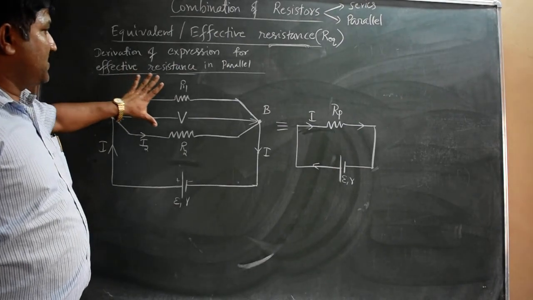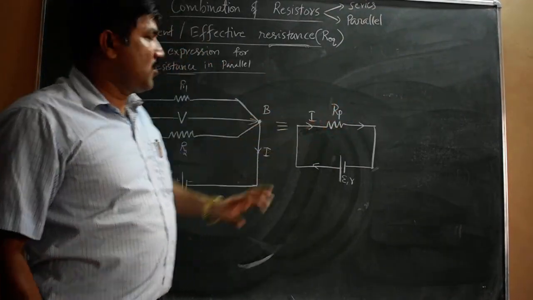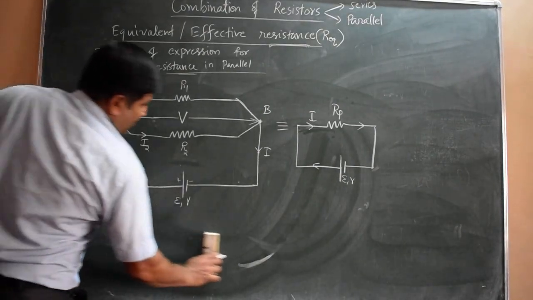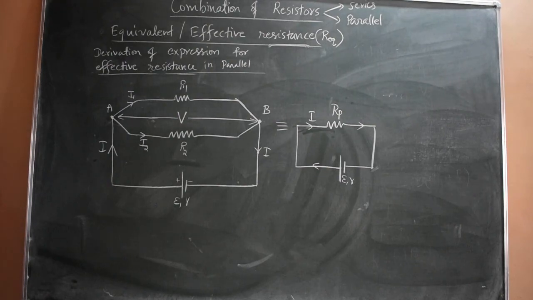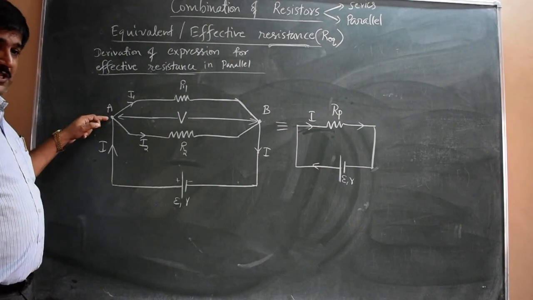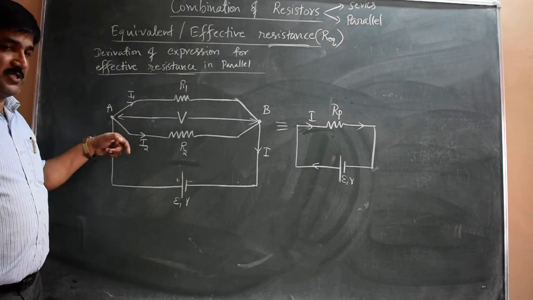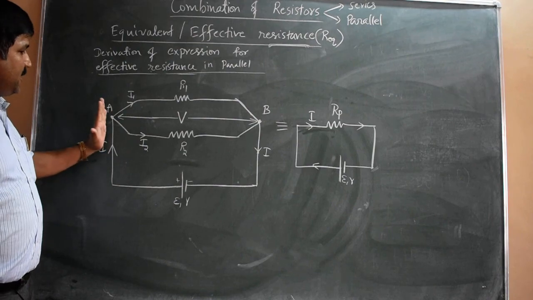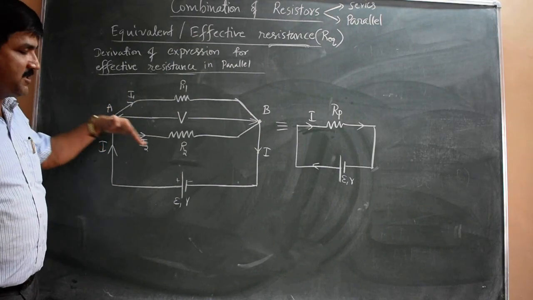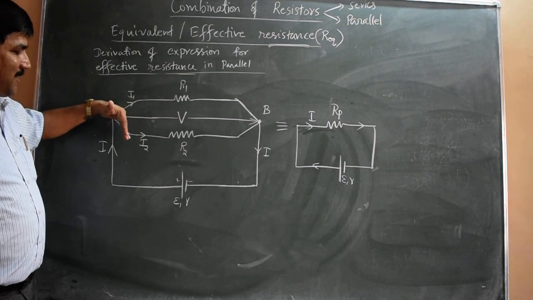That means the effective value of R1 and R2 in parallel combination is Rp. Now again we use Ohm's law, but we write the currents. Remember, the current I enters the junction and currents I1 and I2 leave the junction. Based on the conservation of charge, whatever current enters junction A should leave junction A, so current I should be equal to I1 plus I2.